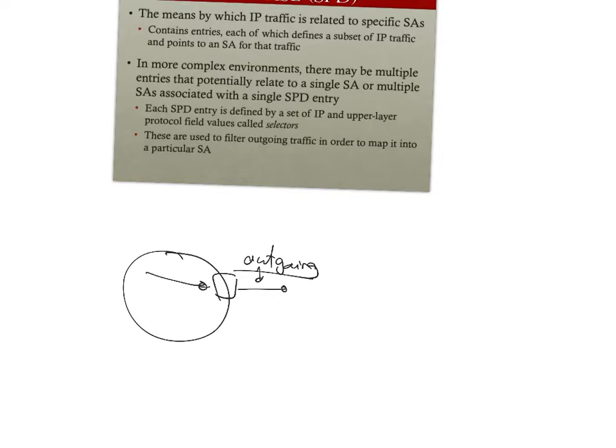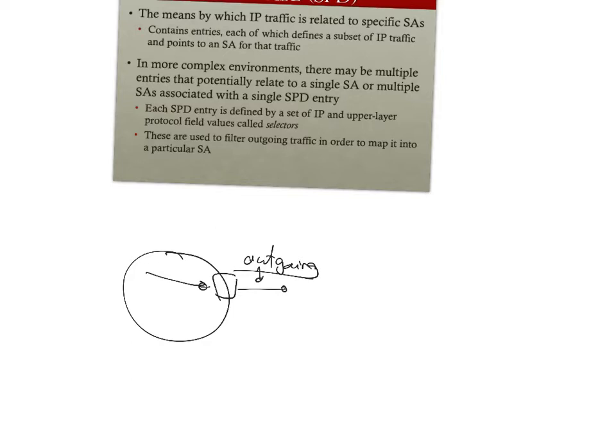In order to map the incoming traffic to an outgoing tunnel or outgoing logical link, again logical link, because it's not a connection, sorry, it's not a connection, because IP is connectionless. It's a logical one-way connection, as we said.